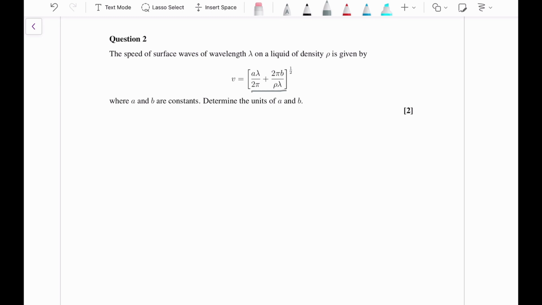So the only possible way for this to happen is that the units of the first term is equal to the units of the second term. So we can establish an equality between these two based on the units of this entire thing that is to the power of a half.